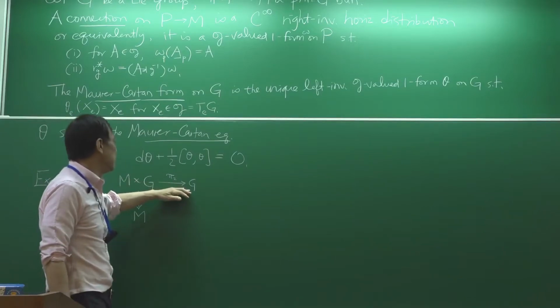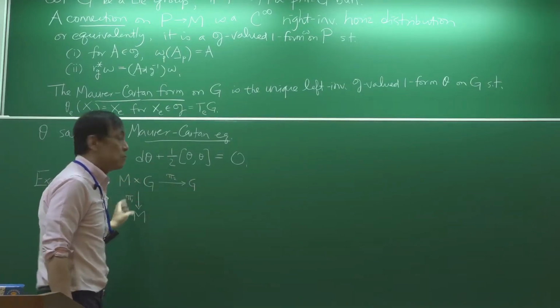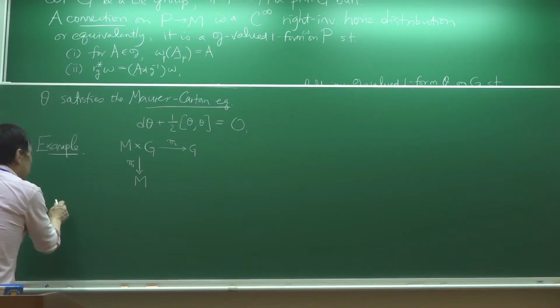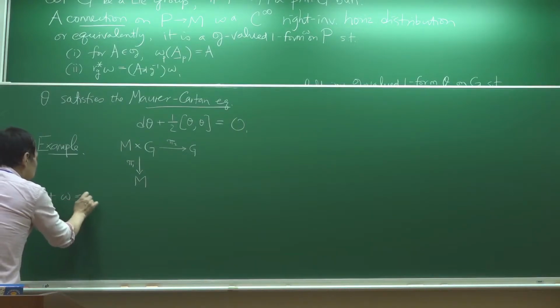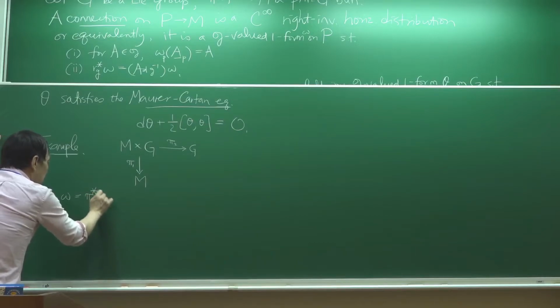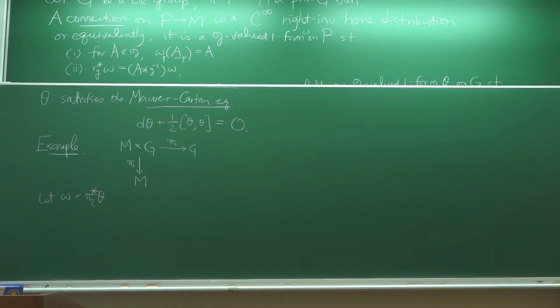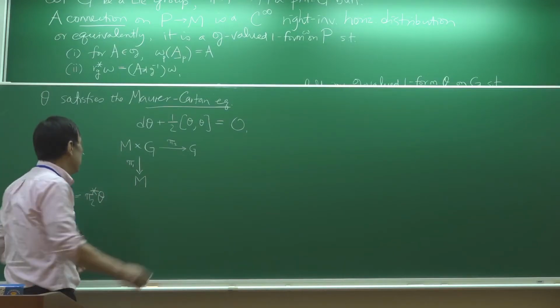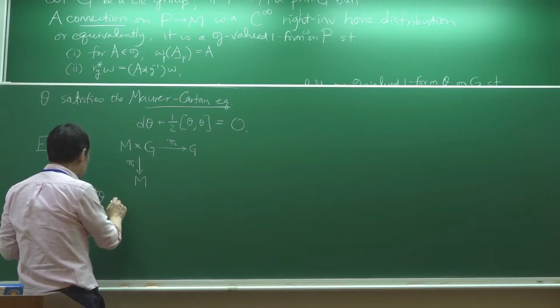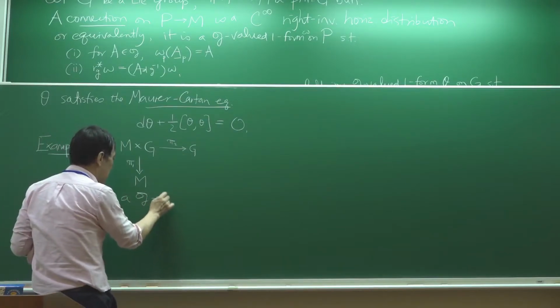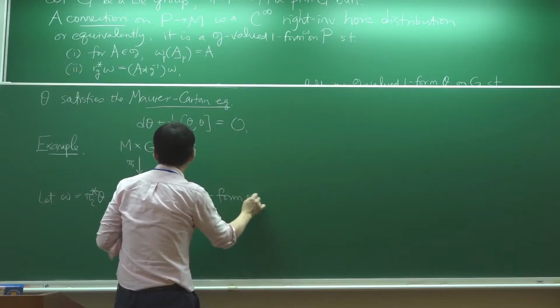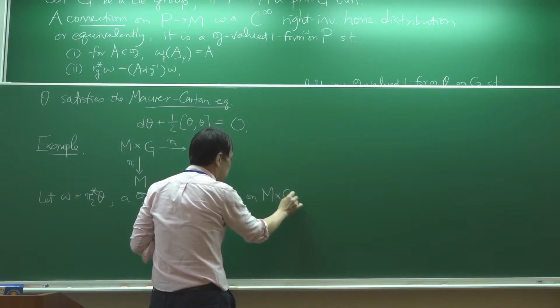Now pi 2 allows you to pull back the Maurer-Cartan form. So let omega be the pullback of the Maurer-Cartan form. Okay, so then this is a g-valued 1-form on M cross G.